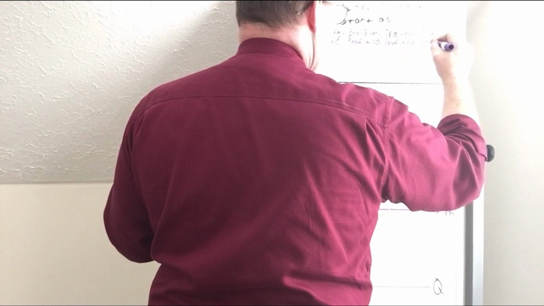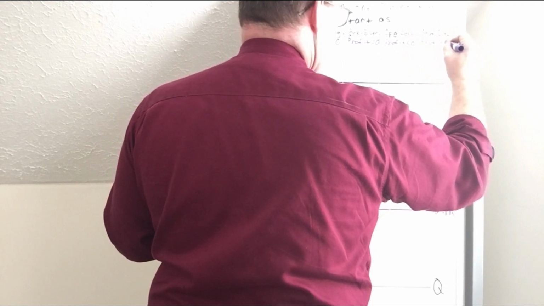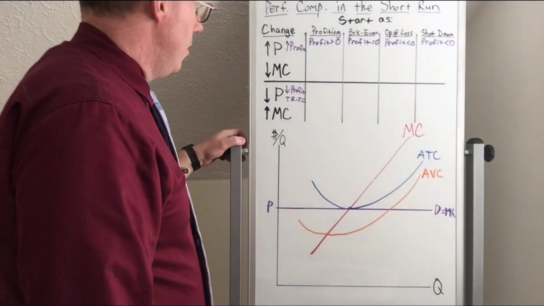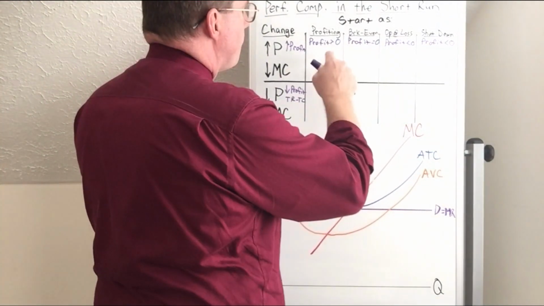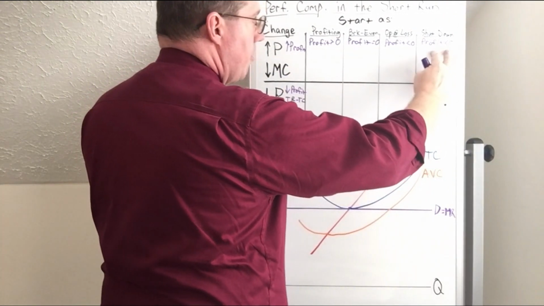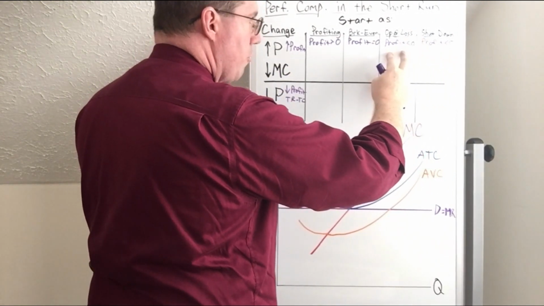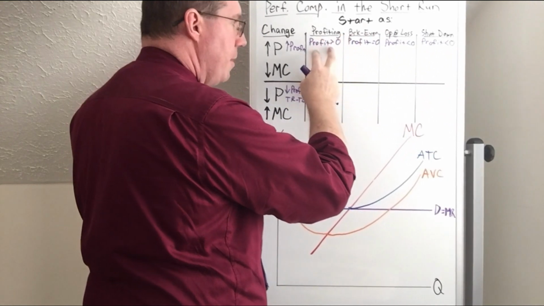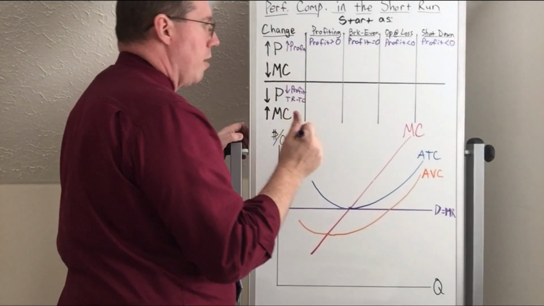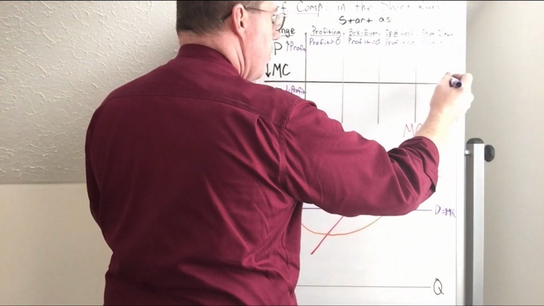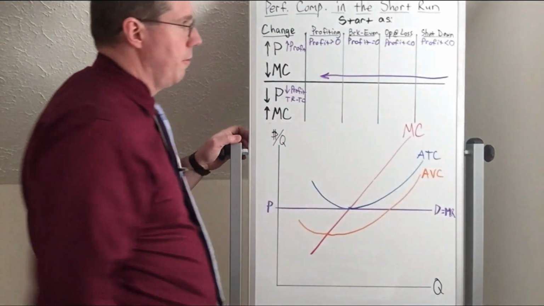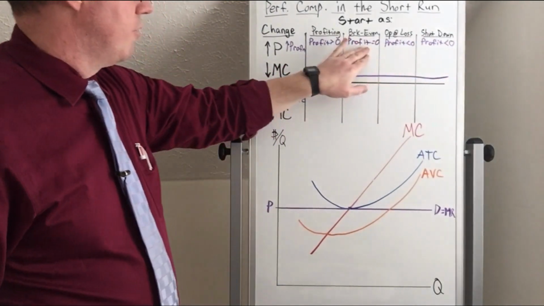Also over here, profit is less than 0, but it's more less than 0 than this one is. And so when profit increases, it goes from being less than 0 to a little closer to 0 to being 0 and then to being greater than 0. So when price increases or marginal cost decreases, the firm will move from here to here to here to here.